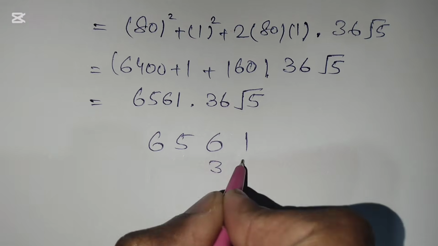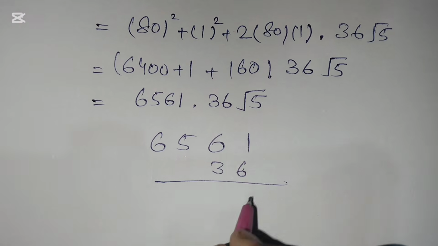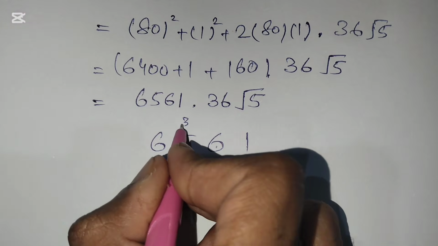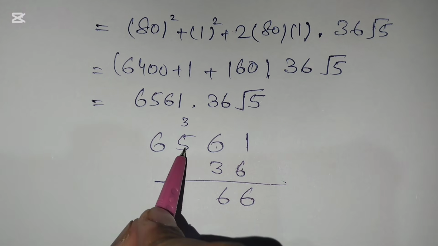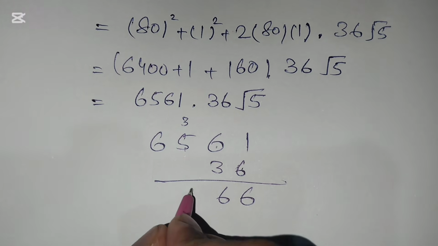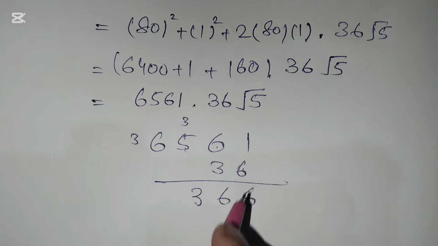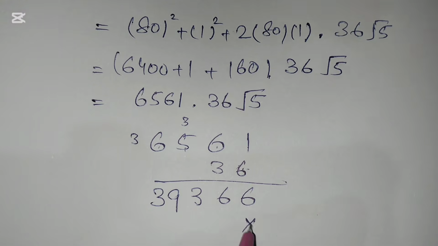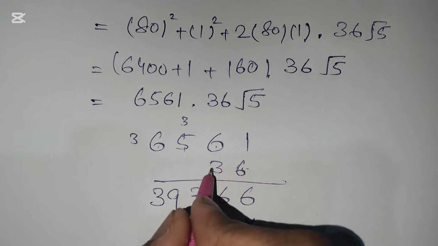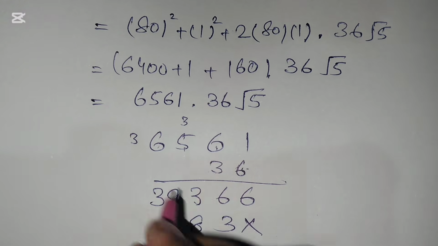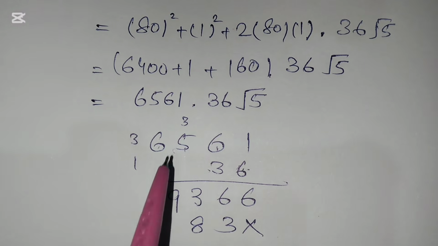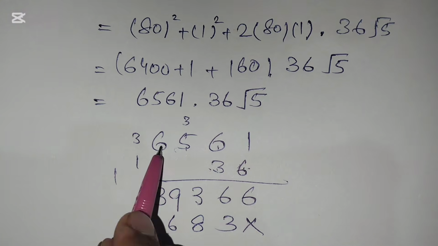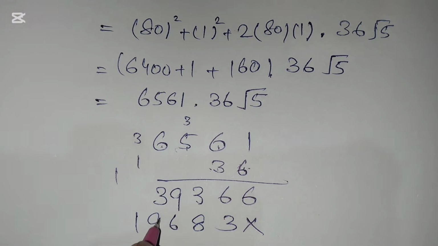6561 times 36. 6 into 1 is 6. 6 into 6 is 36, 3 carry. 6 5 30, 3 is 33. 3 carry. 6 6 36, 3 is 39. 3 1 is 3. 3 6 18, 1 carry. 3 5 15, 1 is 16. 3 6 18, 1 is 19.